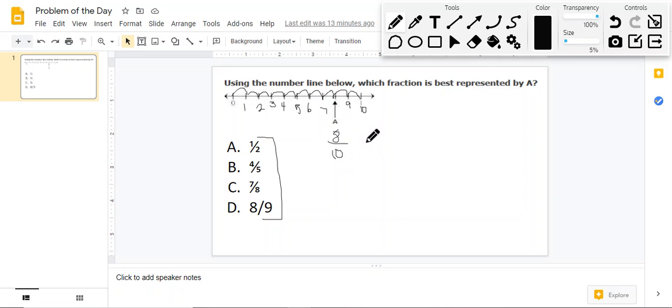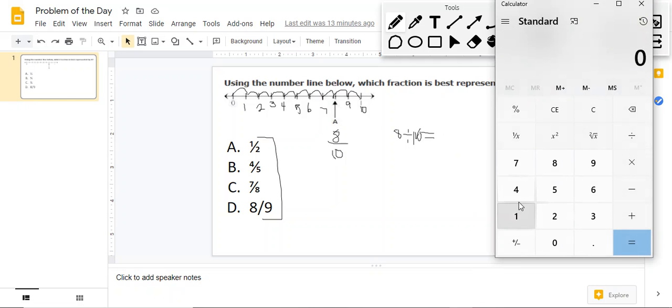Remember, to make things into decimals, I'm going to divide. So I'm going to do 8 divided by 10. Go ahead and pause the video and try that on your own in your own calculator and see what you get. I'm going to go ahead and solve it on mine.